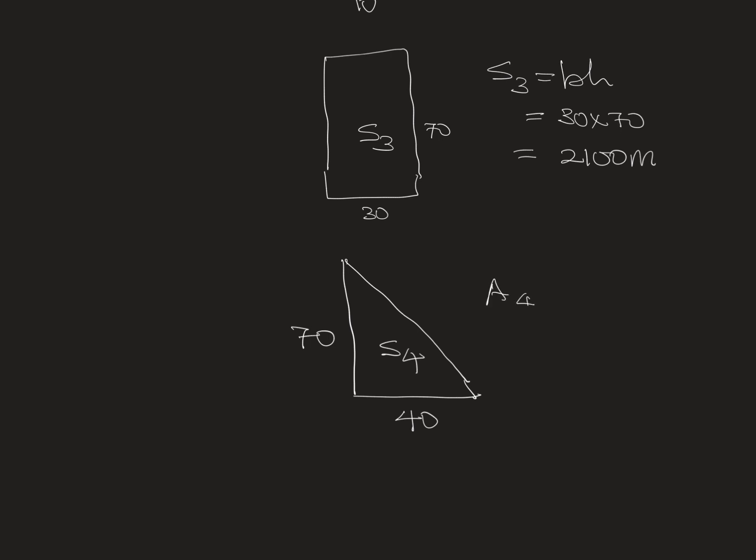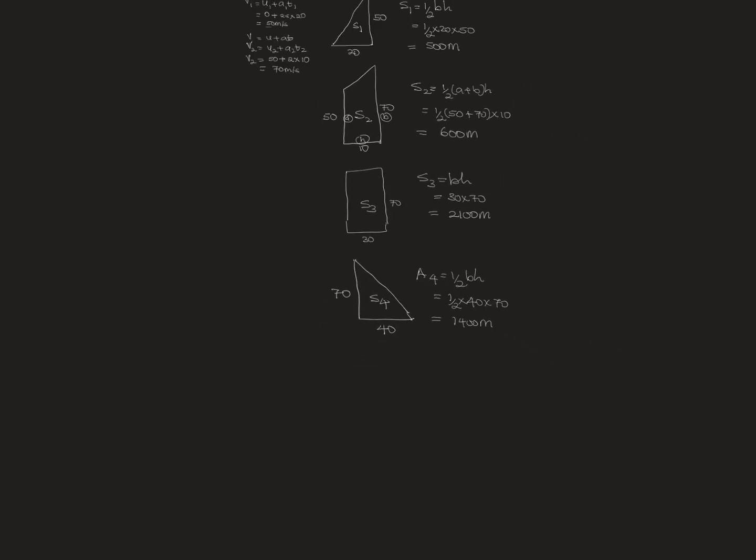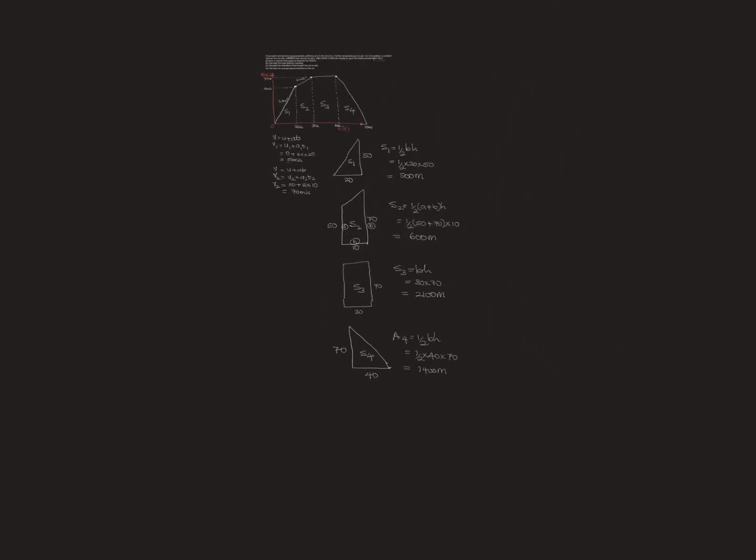So area S4 is equal to half base times height, that is the area of a triangle. So this should be half, the base is 40, the height is 70. What do we get? We have 1,400 meters. Okay, so that is it.